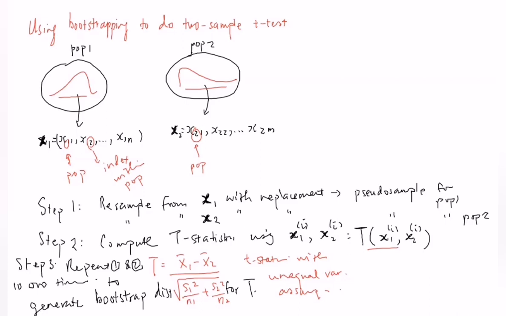Before that, I forgot that there's actually a transformation step. So maybe I put it here. There's a transformation step: Xij transformed equals Xij subtract X bar i plus the grand mean.